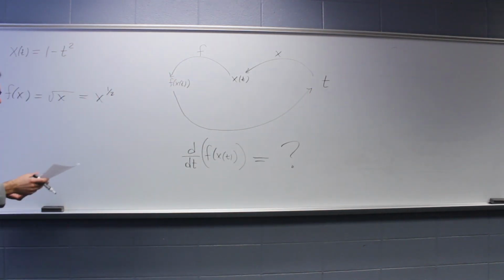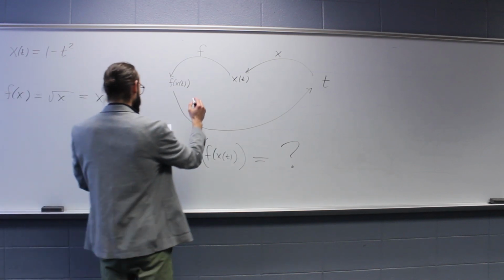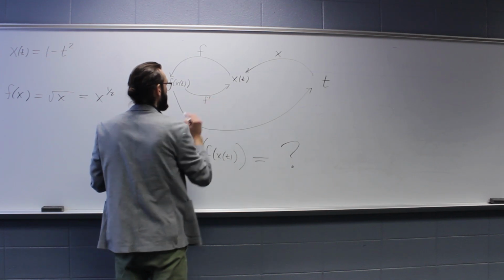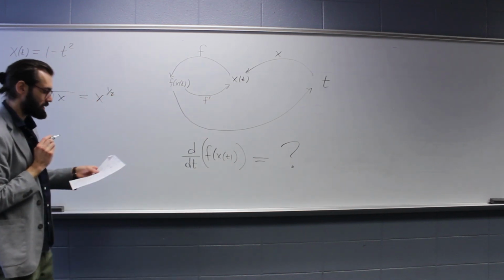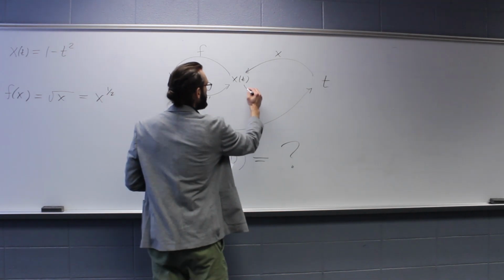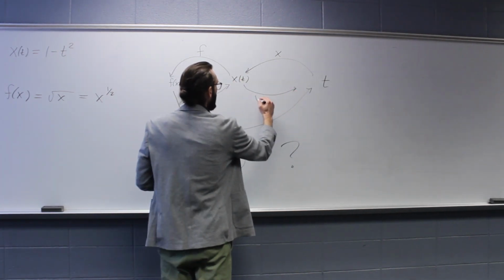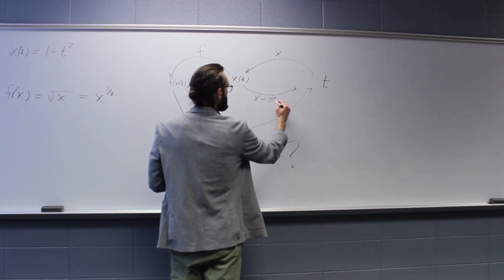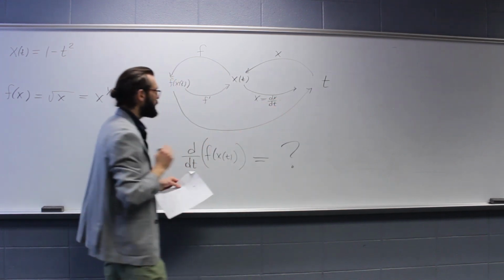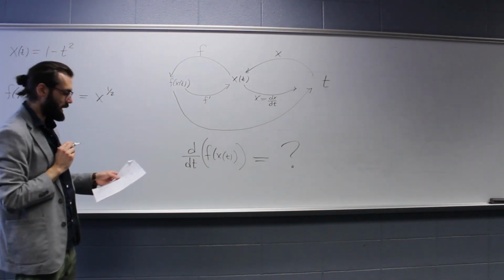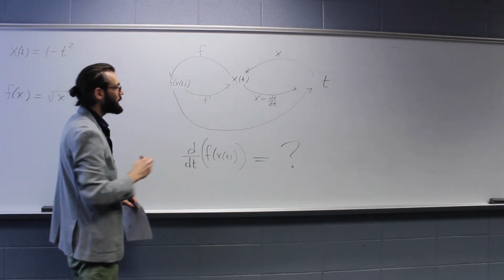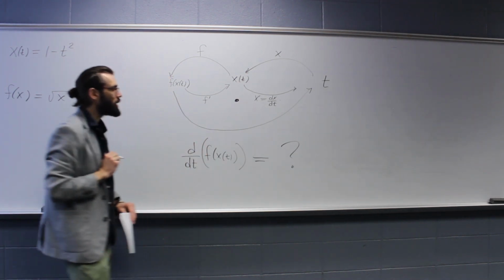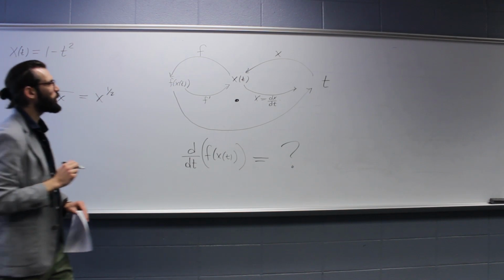All right, so in order to get to the t, we first have to differentiate with respect to x, f prime of x, and then we differentiate x with respect to t, which I'll denote dx/dt here. And the chain rule tells us that the derivative of this thing is the product of these two things. Right? That little dot represents the product.